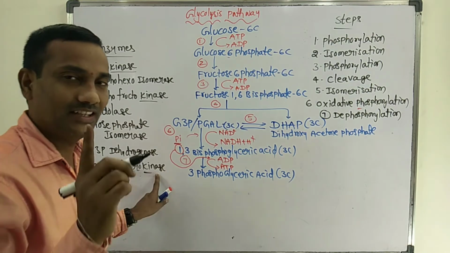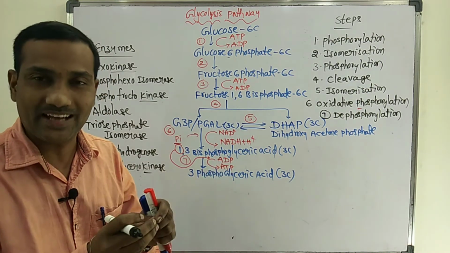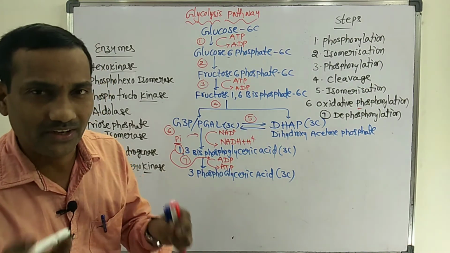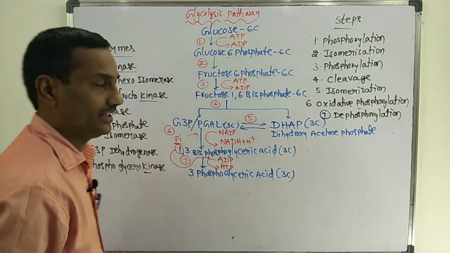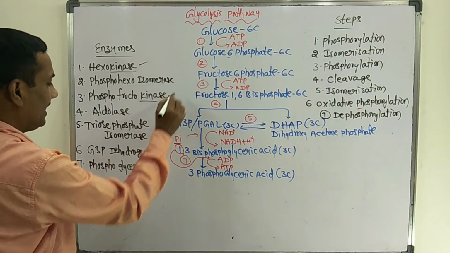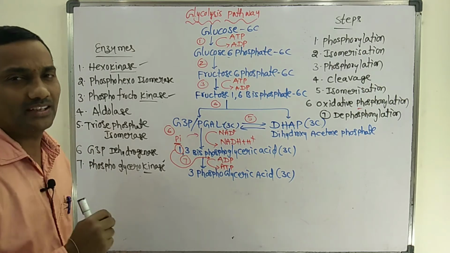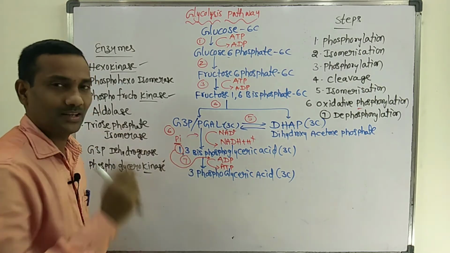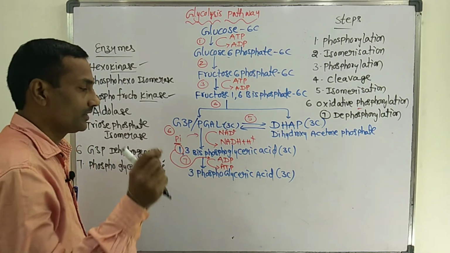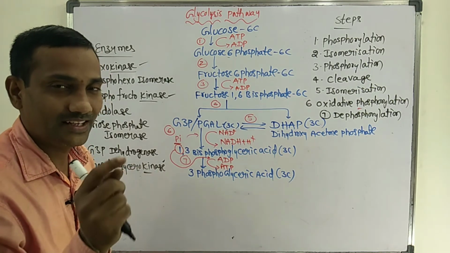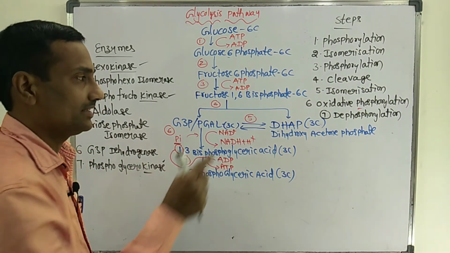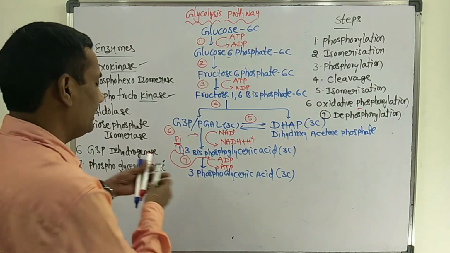Wherever a kinase enzyme is involved, there will be an ATP reaction. That may be formation of ATP or utilization of ATP. Once you observe kinase, an ATP reaction will be there. Here in the 7th step, ATP is produced, the first ATP, because of dephosphorylation.